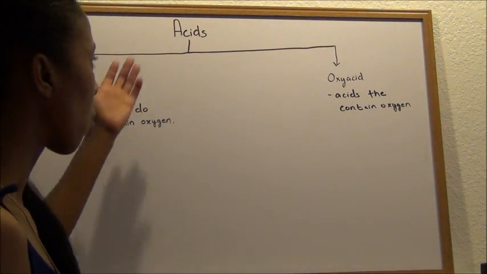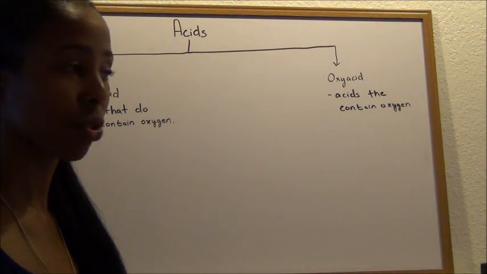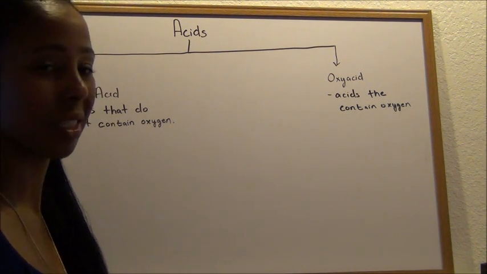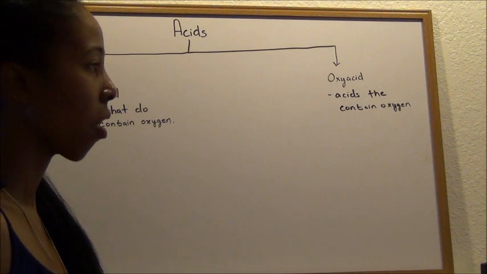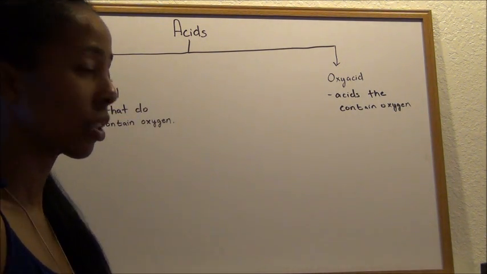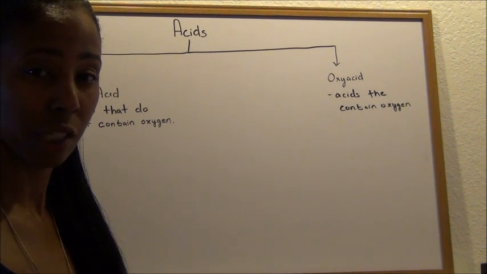So, when we're trying to differentiate whether something is an acid or whether it's an ionic compound, what we can do is look for the presence of hydrogen.